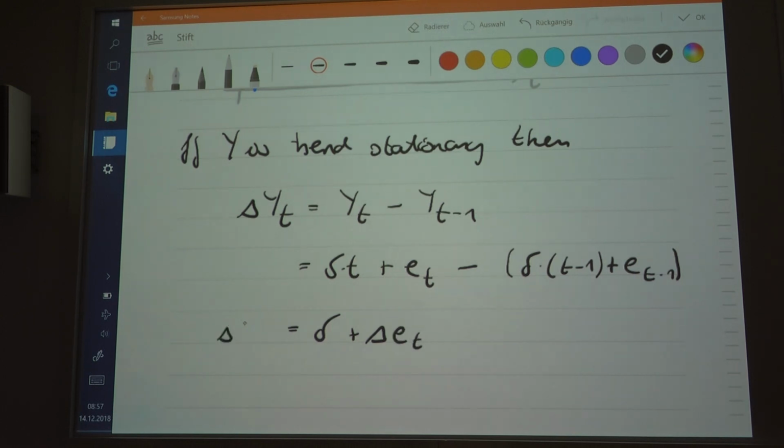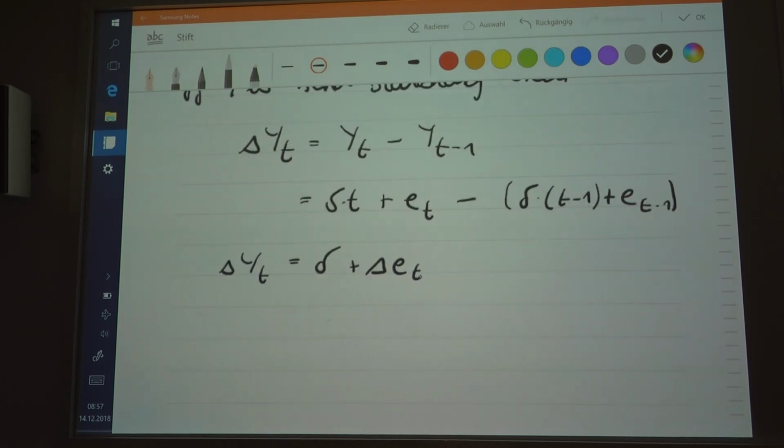That's going to be the difference of the process. Now, as you might see, this process is over-differentiated, and that implies that the long-run variance of that process is going to be equal to 0.